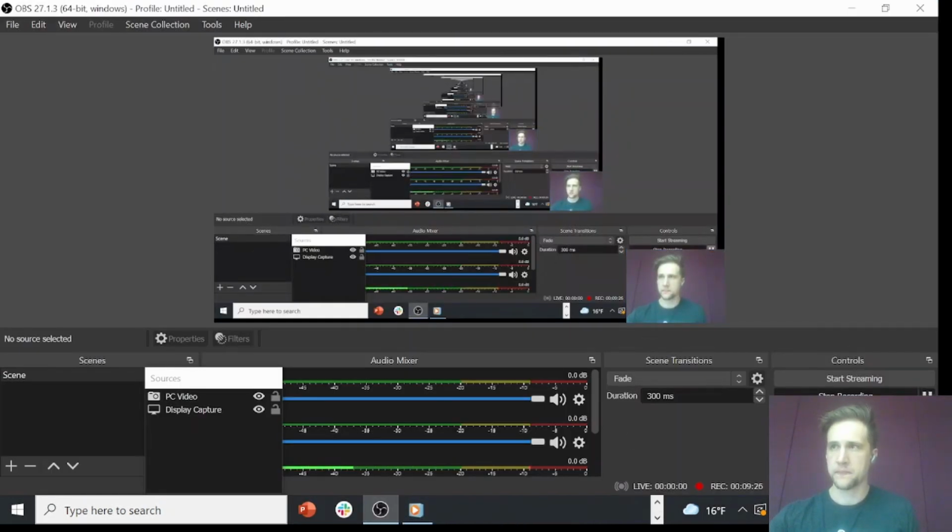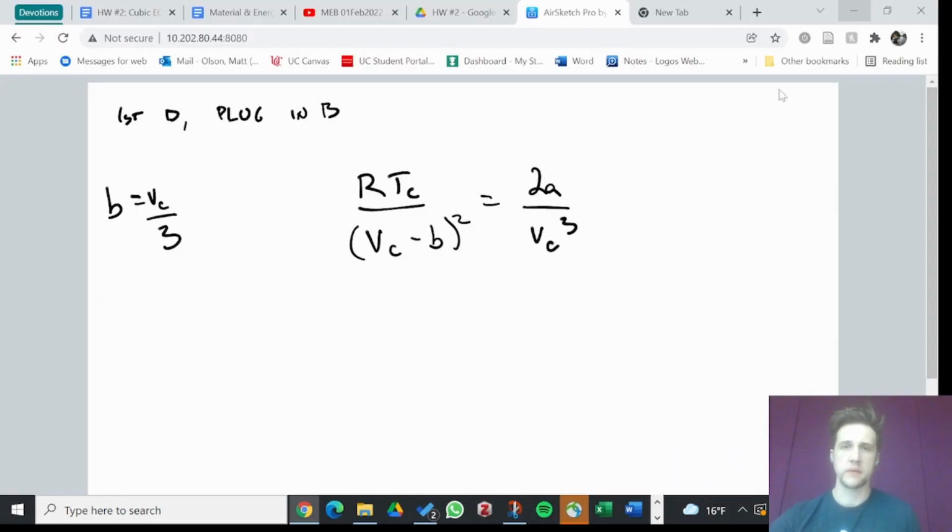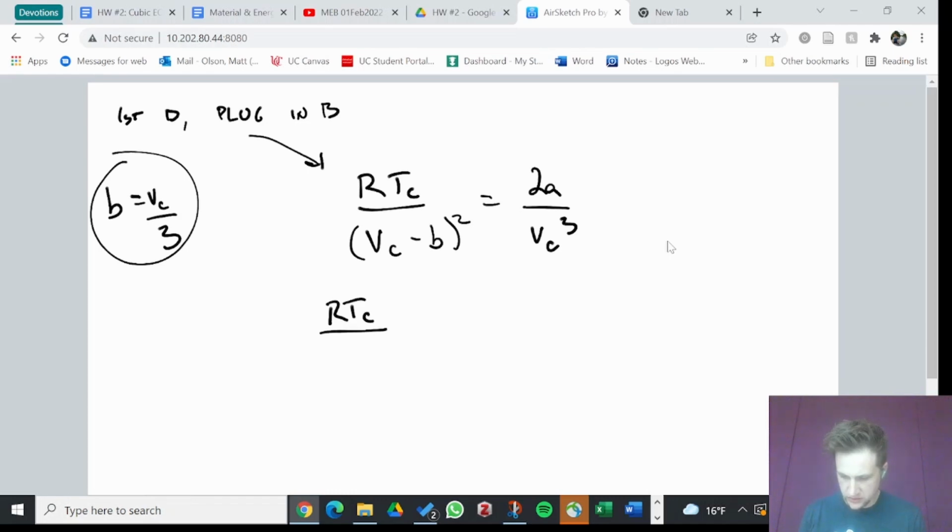So what we're going to do is plug in our B, which is the volume at the critical point divided by 3, into our first derivative. And so here is our first derivative, and B is what we're going to plug in. In order to do that, we've got RT VC minus VC over 3 squared equals 2A VC cubed.